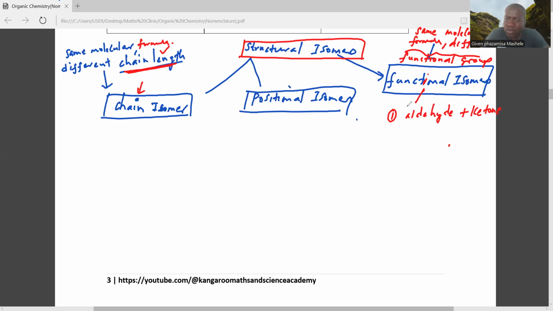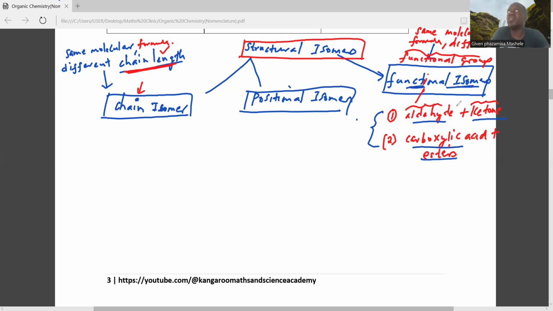Why? I said aldehyde and ketone have the same general formula, CnH2n. Or it can be carboxylic acid with an ester. Usually in the exam, these are the types of functional isomer. It's either you're comparing aldehyde and ketone or carboxylic acid and ester. These are very important, especially for functional isomer.